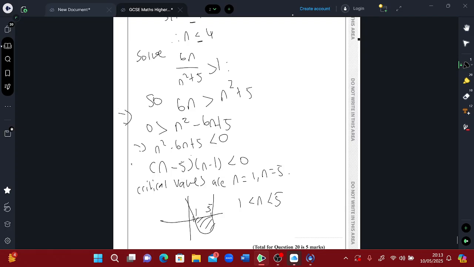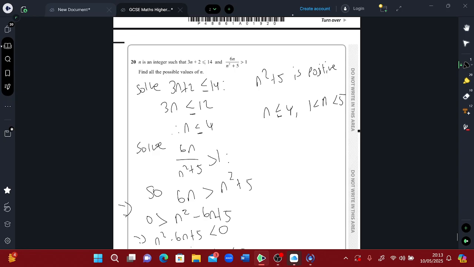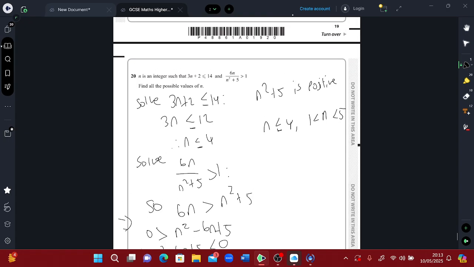So yeah, now actually we can piece it together. We've got two solutions almost. So n is less than or equal to 4, and we also have 1 is less than n less than 5. We can piece this together now. Think about it, we need it to be as strict as possible. It includes both of them.